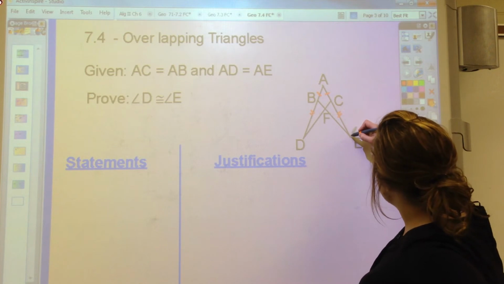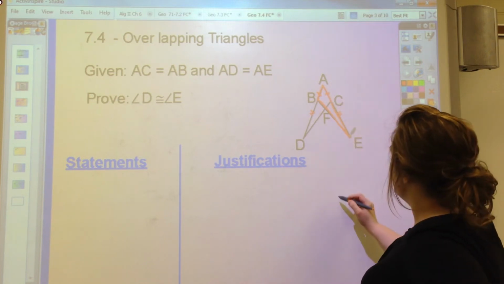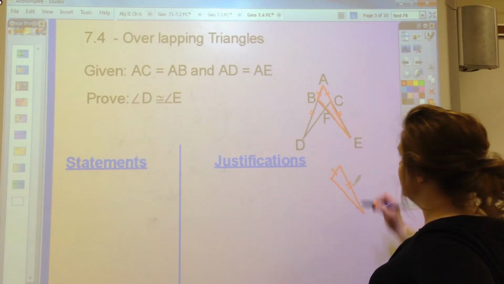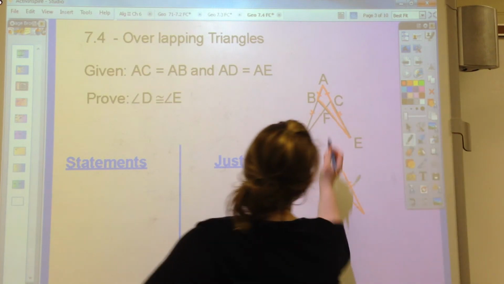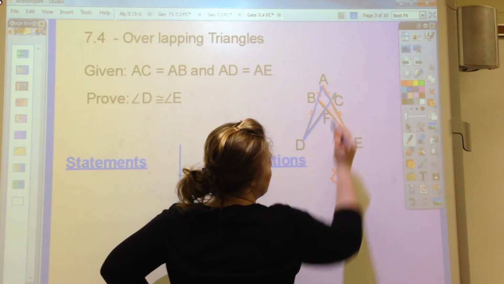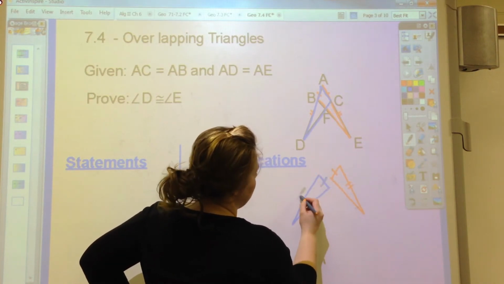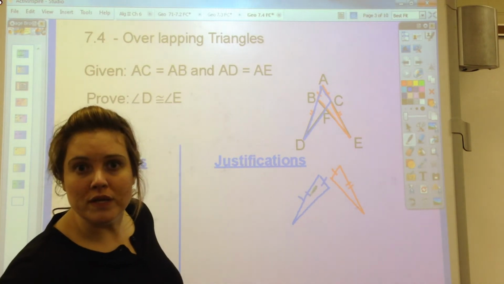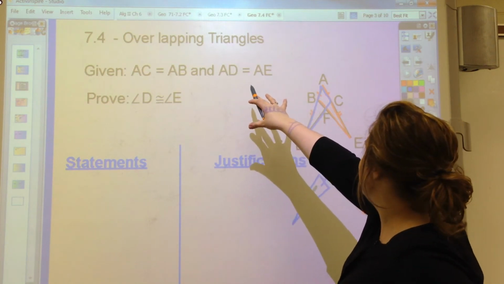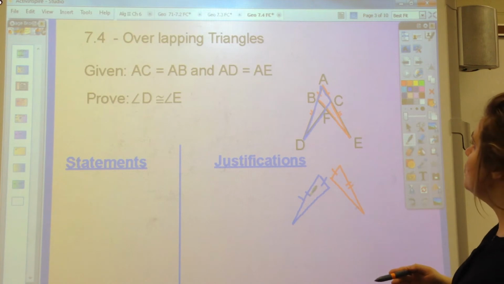If you see this triangle right here as one, you can kind of see it like this. This segment is congruent to this segment. And over here, if I redraw this one, I would get this shape, this segment, and this segment. And now it's a little bit easier for me to look at, right? And finally, I'm given AD. Oh, I already wrote that in. AD is equal to AE. So now I'm given those pieces.